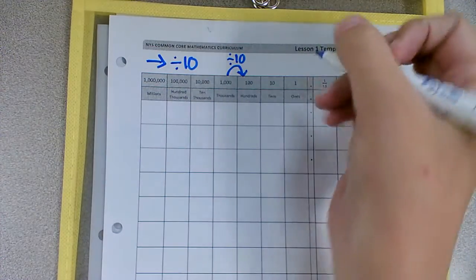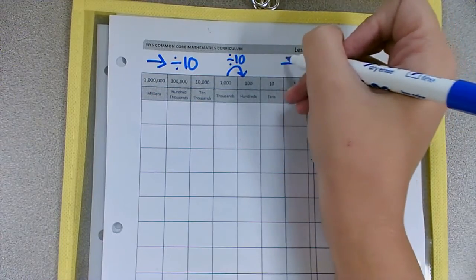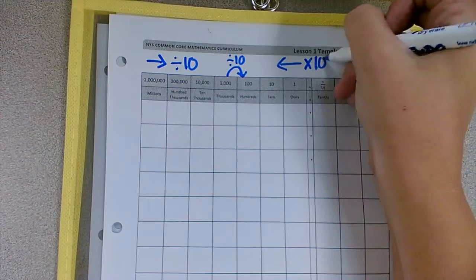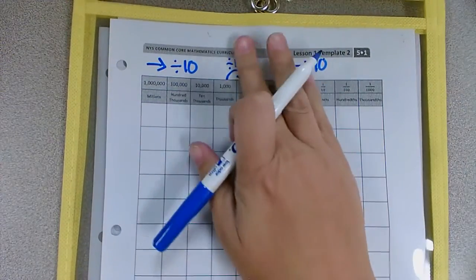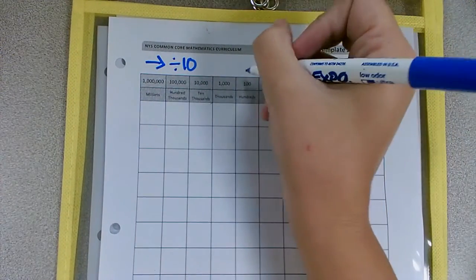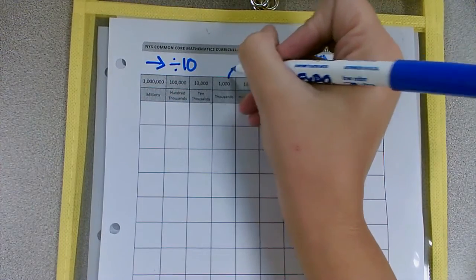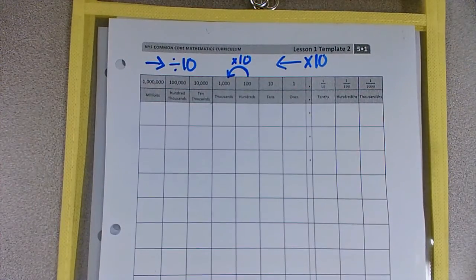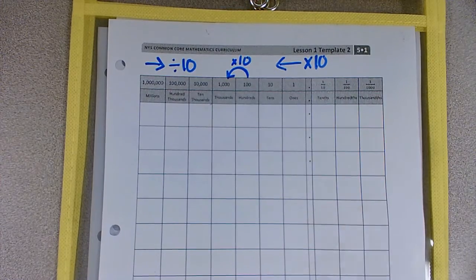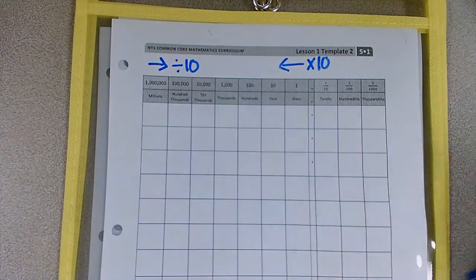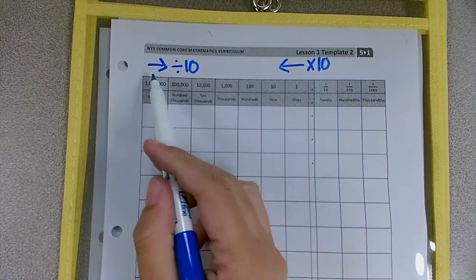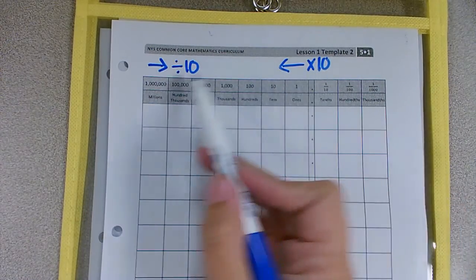We also know that as we move to the left on our place value chart, we're multiplying by 10. So the opposite is true. To get from hundreds to thousands, we're multiplying by 10. So to get from each place value, we're either multiplying or dividing by 10, depending on if our number is getting smaller or if our number is getting larger.